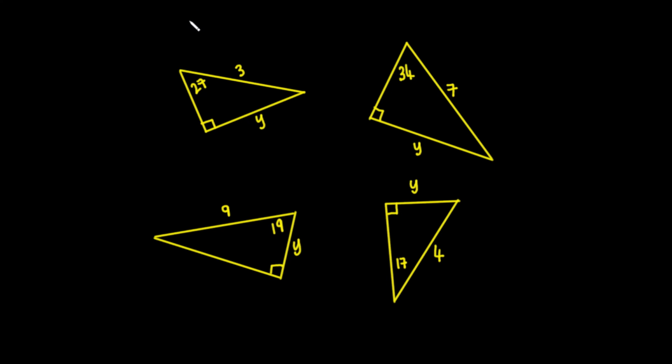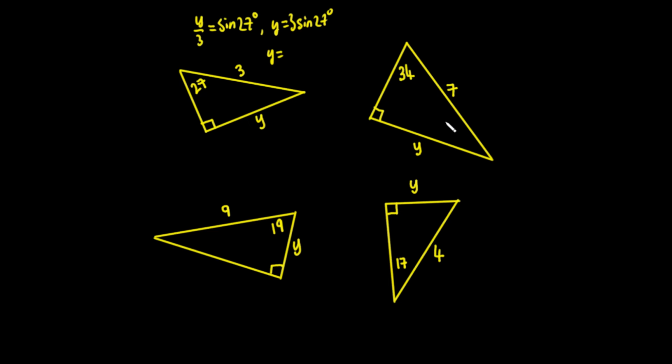So we can say that the value of y divided by 3 is equal to the sine of 27 degrees. So we can say that y is equal to 3 sine 27 degrees. So you can put 3 sine 27 degrees into the calculator and you can find out the value of y.